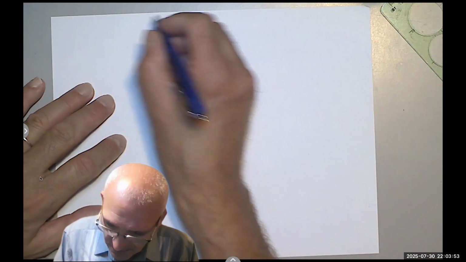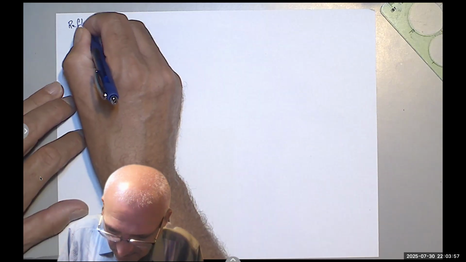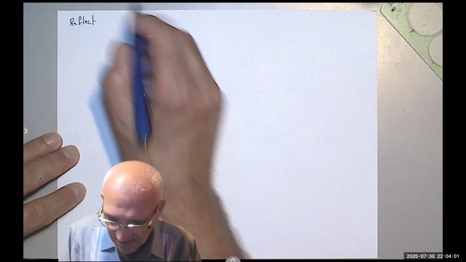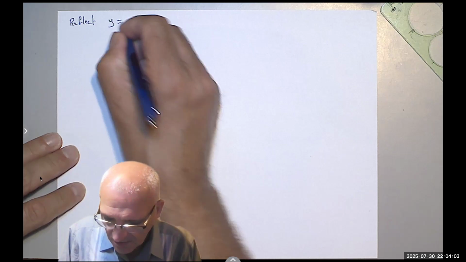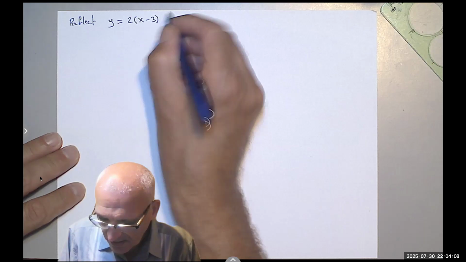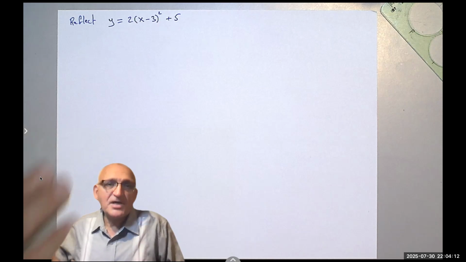So reflection, and let's say reflect the conic section. Let's say y equals 2 times (x minus 3) squared plus 5. So that's a parabola.